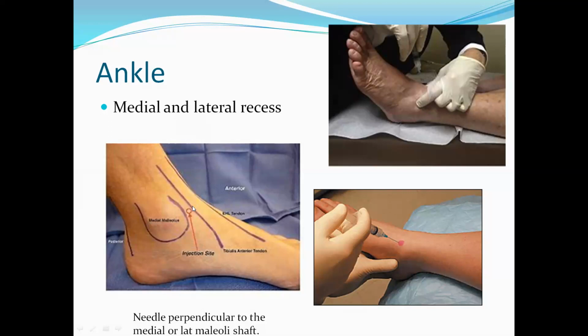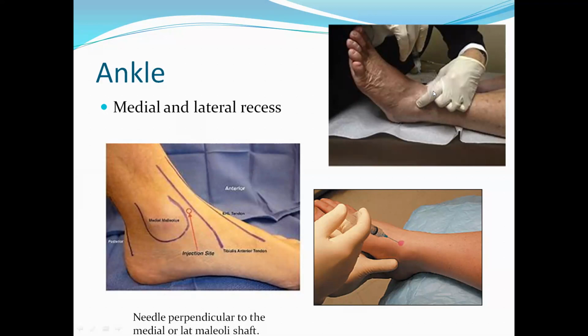This is the entry point. There is no chance of injury to any nerve here except the saphenous nerve, further medially. This is called the soft spot of the ankle joint. If you are at the right point, you are unlikely to cause any injury. So this is about the medial recess.